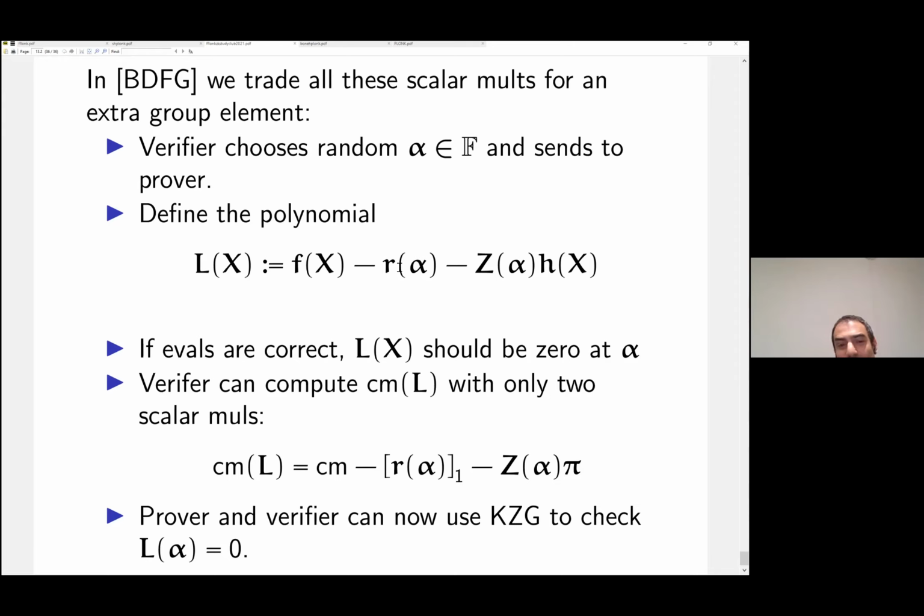So now basically the prover and verifier are just doing a KZG check that L of alpha is 0, on one polynomial at one point. So in total we've only needed two scalar multiplications.